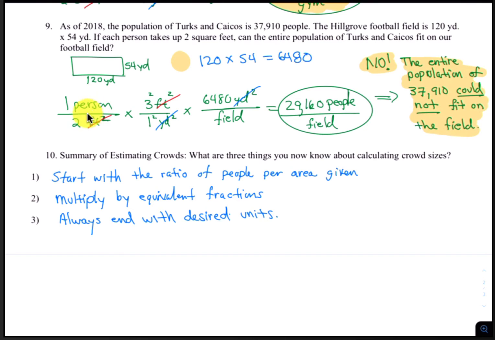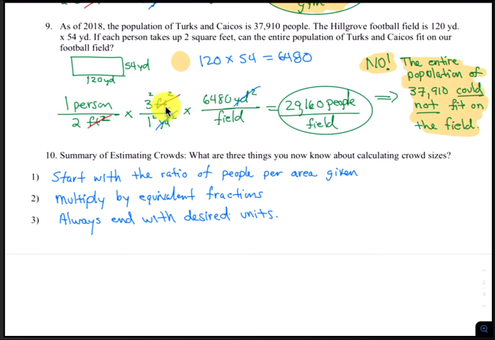Starting with one person taking up 2 square feet, and then there are 3 feet per 1 yard, but we have to square the feet because we want the square feet to cancel with the square feet here. So that means you have to square the 3 and square the 1, and then you're multiplying it by 6,480 square yards in the field.